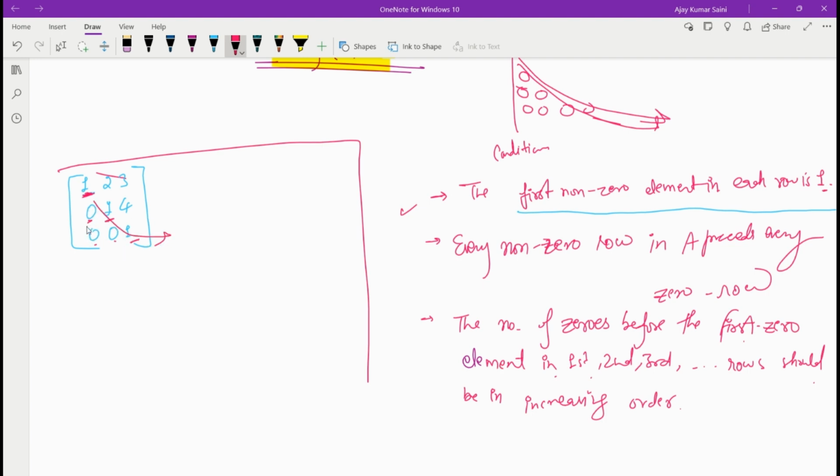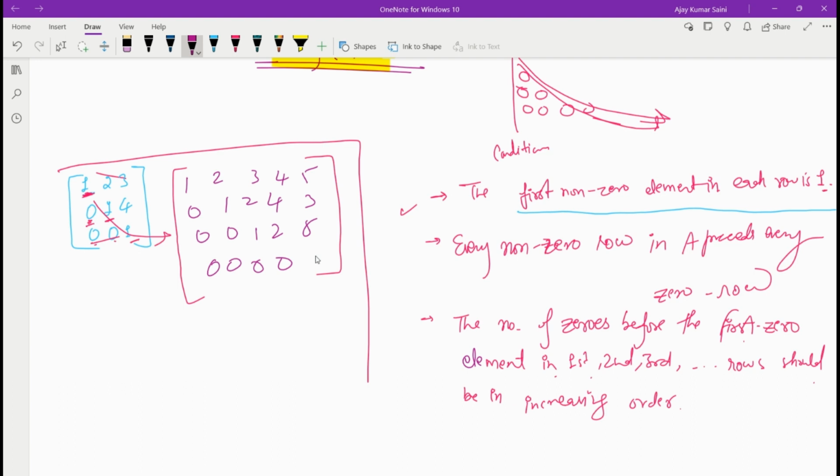I also take an example of a bigger matrix: 1 2 3 4 5, 0 1 2 4 3, 0 0 1 2 5, 0 0 0 0 0.